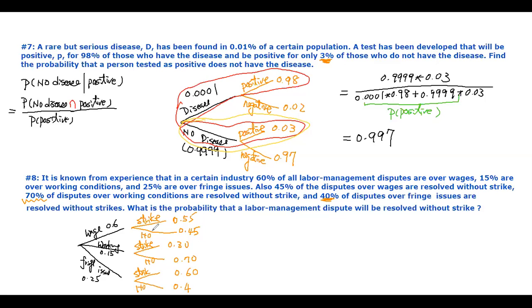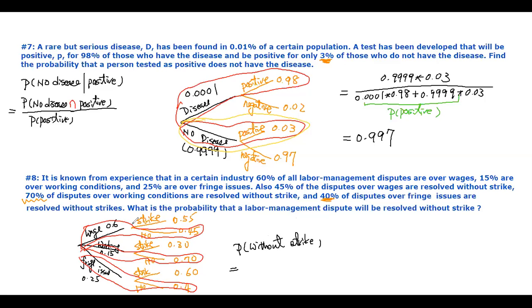So let's see how many branches I have. This is one branch without a strike. This is a branch without a strike, and this is a branch without a strike, right? So I have 3 branches here. So the probability without a strike.